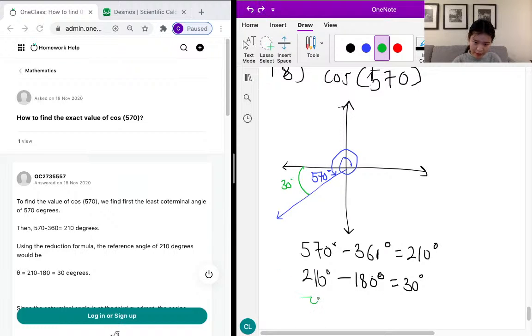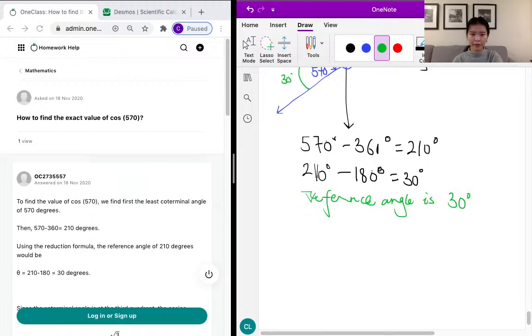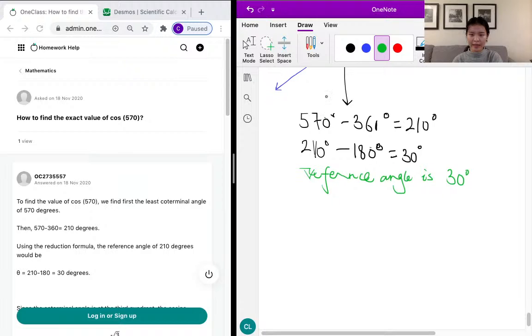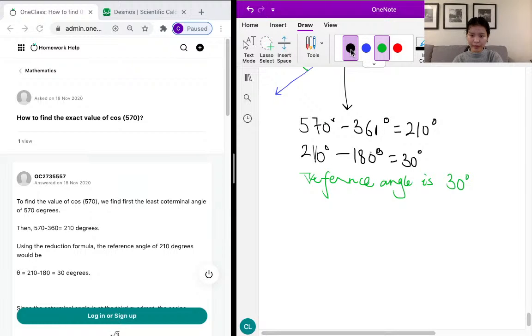Our reference angle is 30 degrees. And now we just need to find the actual value of cosine of 30 degrees. So let's see what's the value of cosine of 30 degrees.